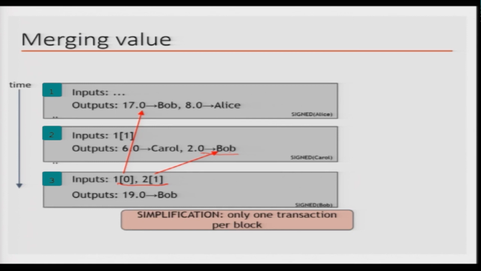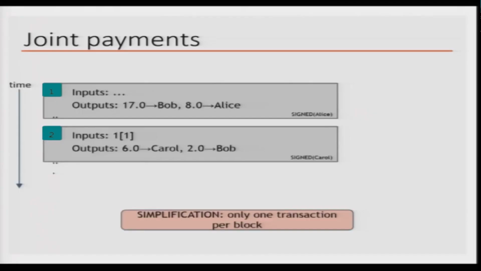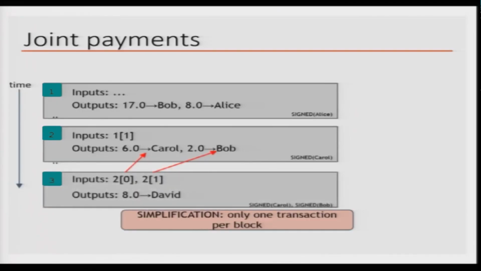So, now we can also do joint payments, that is, if I do not have enough coins myself, but a friend and I together decide that we will use our coins together to buy something, we are allowed to do that. So, the joint transaction looks like this. Let us say I have 2 transactions here, Carol has 6, Bob has 2, and they together decide to give 8 to David.